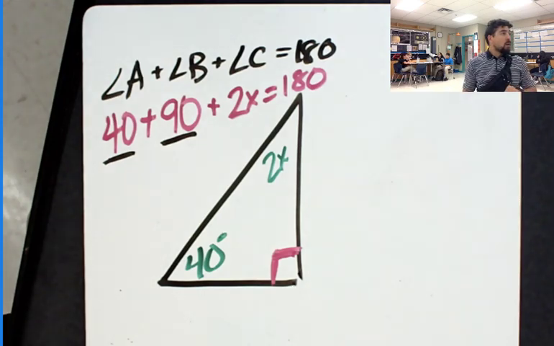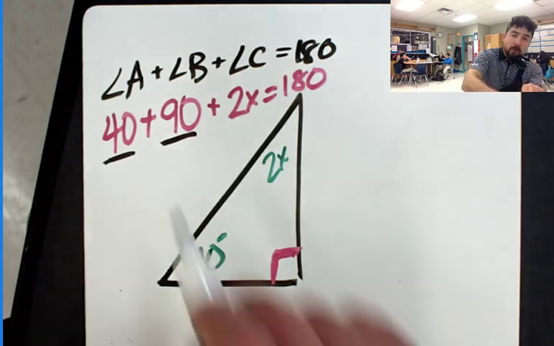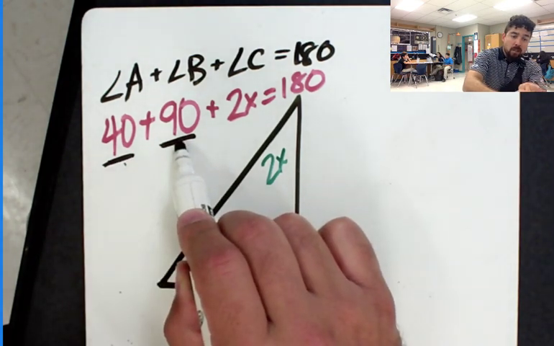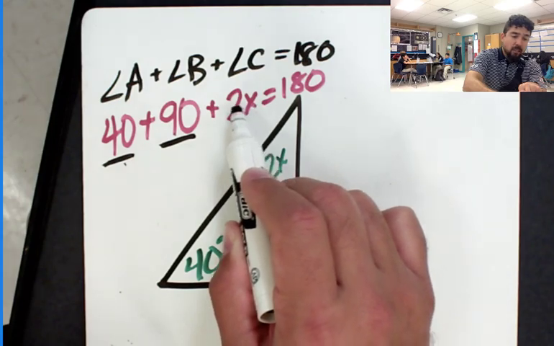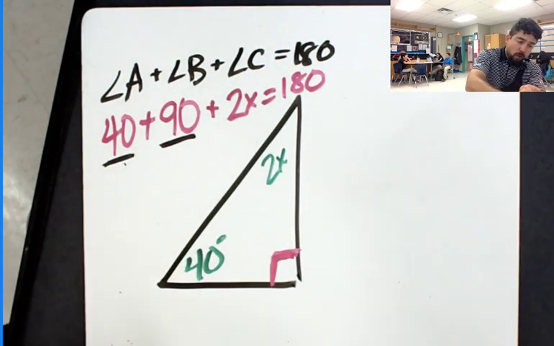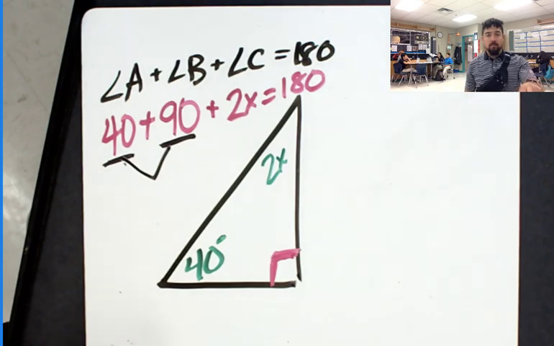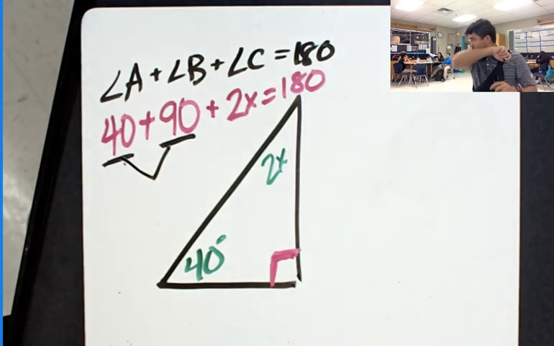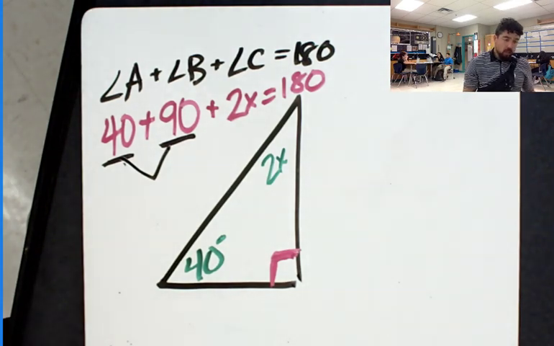They don't have a variable. Thank you. So if you notice, these two numbers, 40 and 90, do not have a variable. 2x has a variable, so we can't add 2x with those other numbers. What's 40 plus 90? 130. Thank you, class.